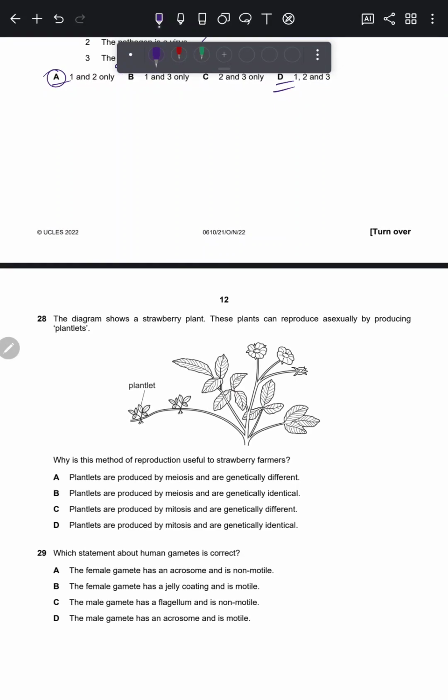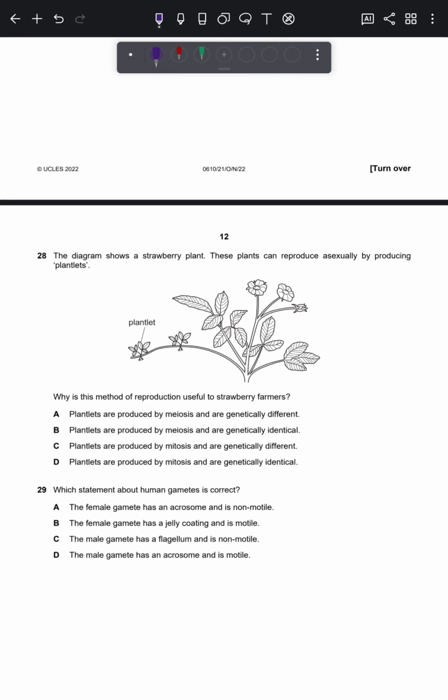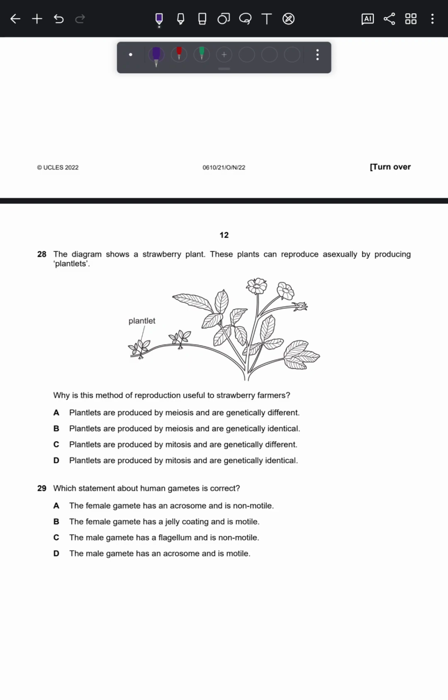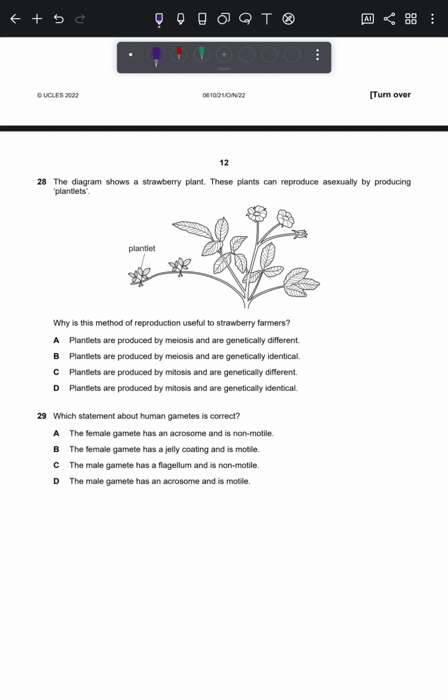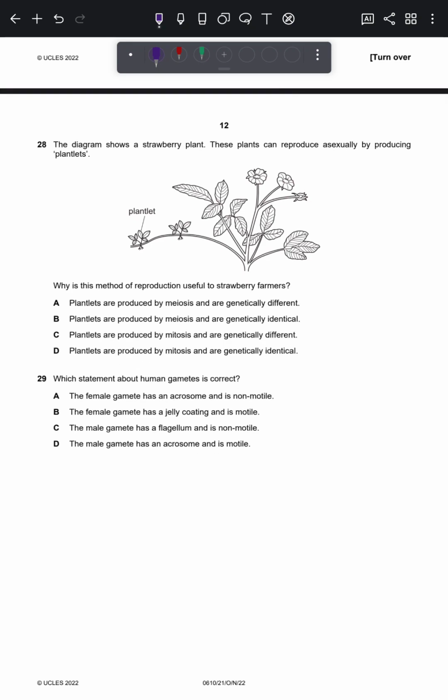Okay, the diagram shows a strawberry plant. These plants can reproduce asexually by producing plantlets. Never heard of this. Why is this method of reproduction useful to strawberry farmers? So, plantlets produced by meiosis, genetically different. If it's asexual, they would be genetically identical.